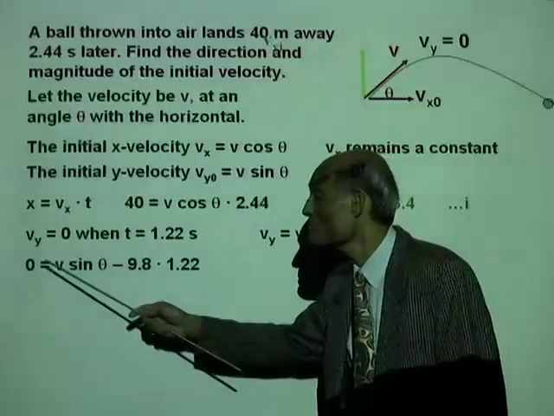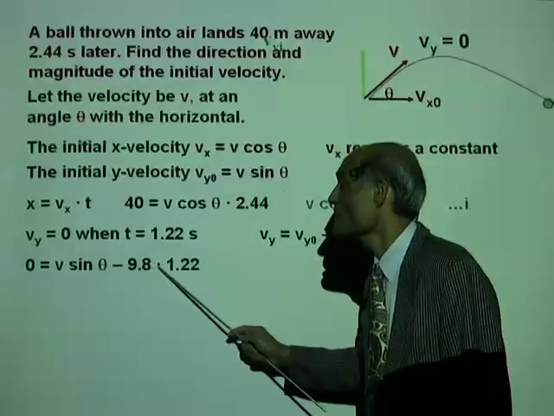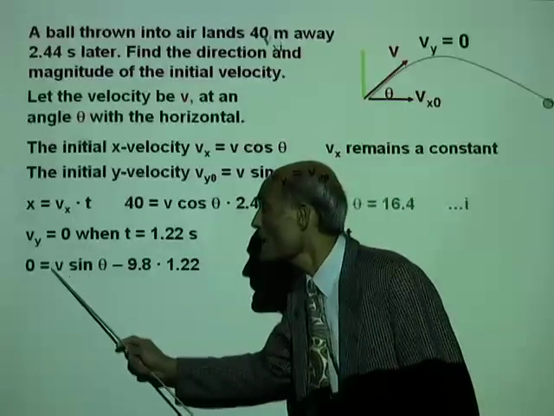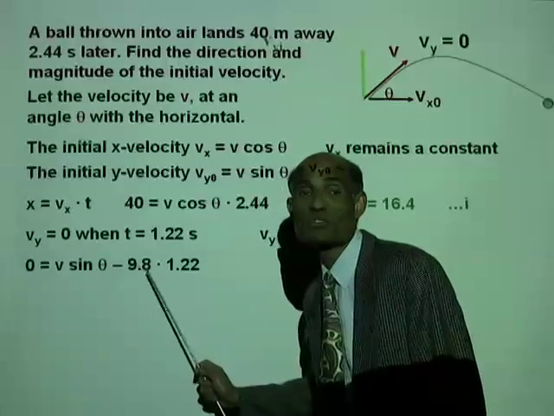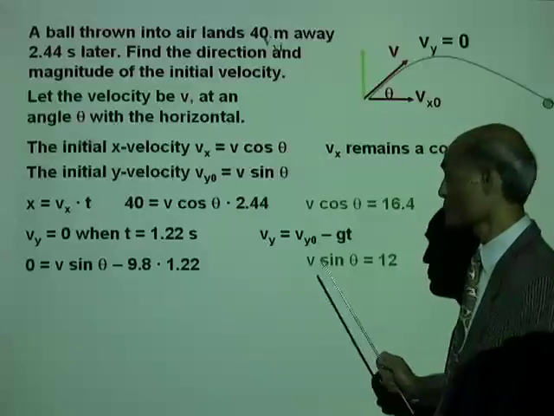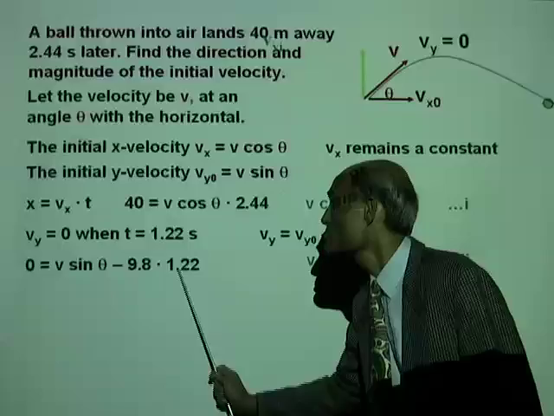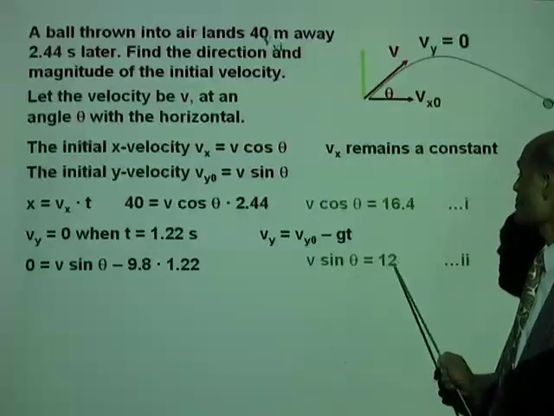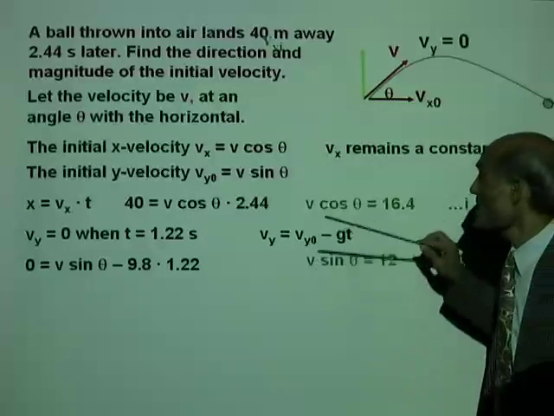So look at the equation we produced: 0 equals v sin theta minus 9.8 times 1.22. We can now obtain a value for v sin theta. Can you solve for v sin theta from there? Well, I have solved. V sin theta equals, taking this to the other side, 9.8 times 1.22, that is 12.